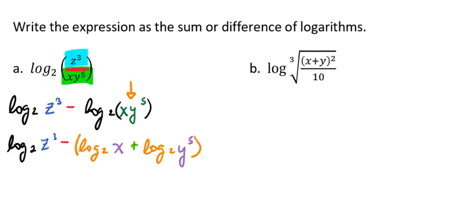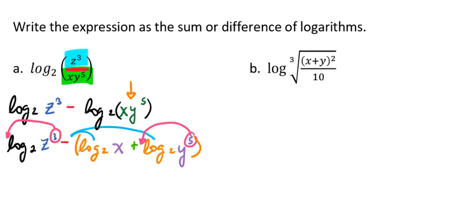Now from here, we can do a couple different things. We need to distribute our negative sign, and we also need to take the exponents and move them to the front.